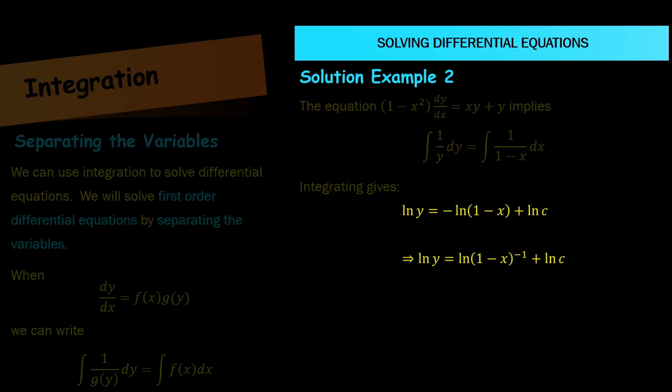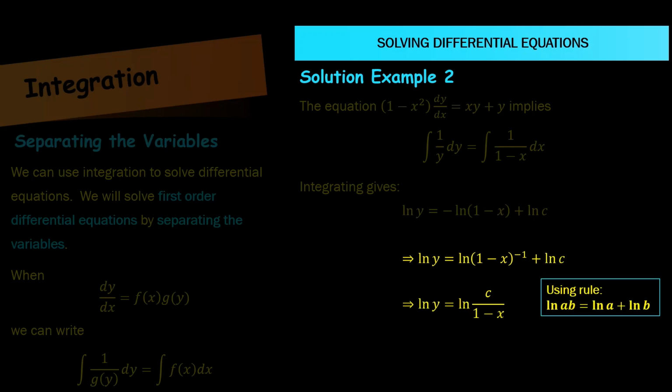Let's now rearrange. In particular, we've rearranged minus 1 ln of 1 minus x to become ln of 1 minus x to the power minus 1. Everything else remains the same. And now, using the rule ln AB equals ln A plus ln B, we can rewrite the first expression as ln of c over 1 minus x.